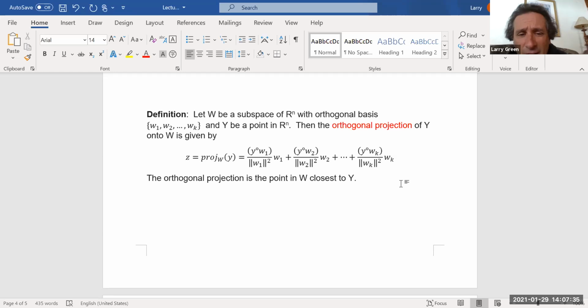Okay, so the orthogonal projection is the point in W that is closest to Y. I'm not going to prove that today, but how do you prove something like this? You're going to hate it because I'm going to say something that I have said before, but it's been so long ago that you probably all forgot it.